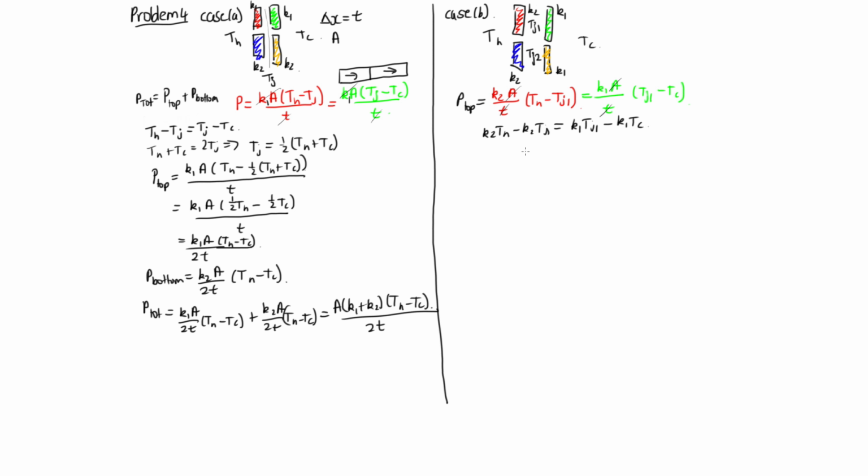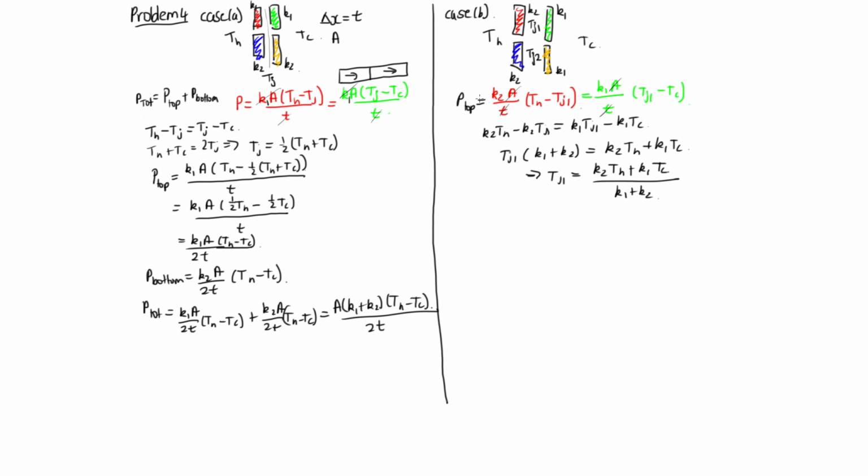And so pulling the junction temperature out as a common factor, we have Tj1 (K1 plus K2). That's moving this over to this side and pulling Tj out. And then we need to move this over to this side. So then we've got K2Th plus K1Tc. And so this tells us that the junction temperature is equal to (K2Th plus K1Tc) over (K1 plus K2).